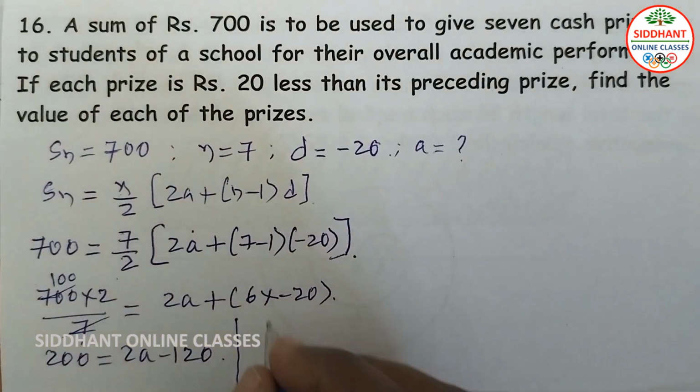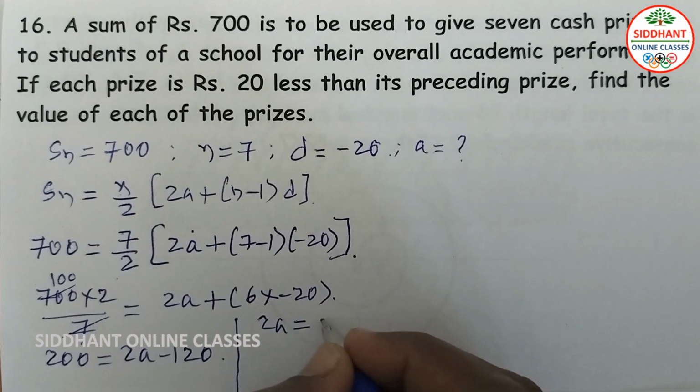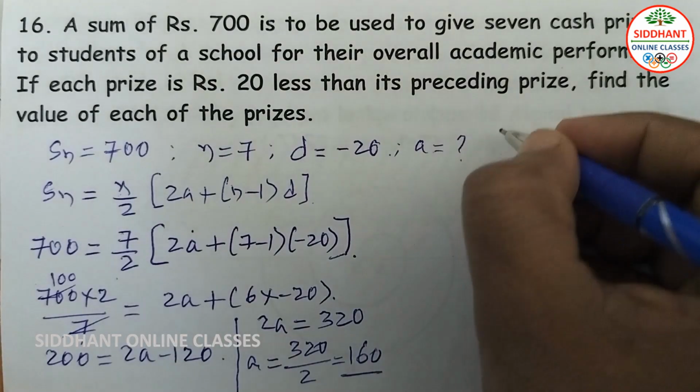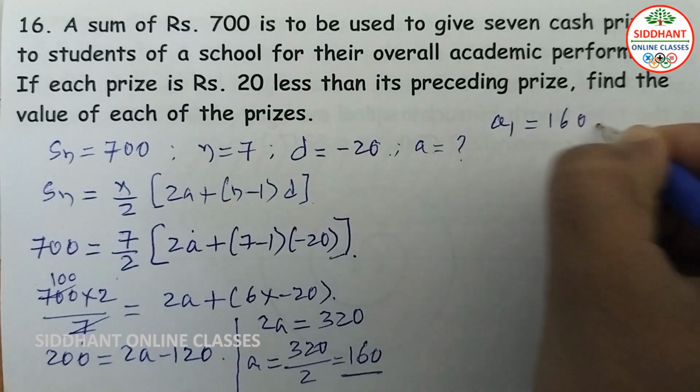So now 2a equal to 200 plus 120, which will be 320 here, and a is equal to 320 by 2 which is equal to 160 here. So now we got a, that means a1 is 160 here.